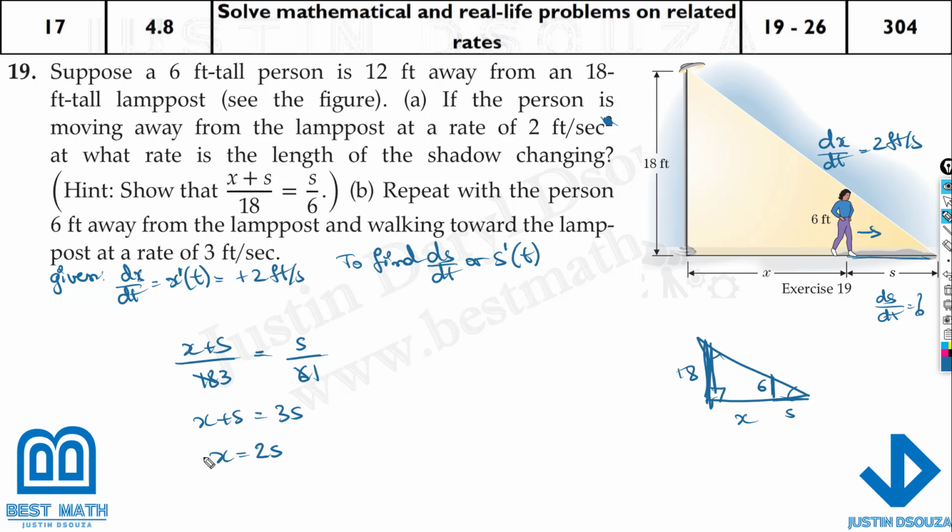But now we do not want these values; we have to find the derivative, because we have the value of dx by dt and we have to find ds by dt. So let's do implicit differentiation on both sides with respect to time. Let me write it over here: x is equal to 2s. Now let me differentiate this side, dx with respect to time dt.